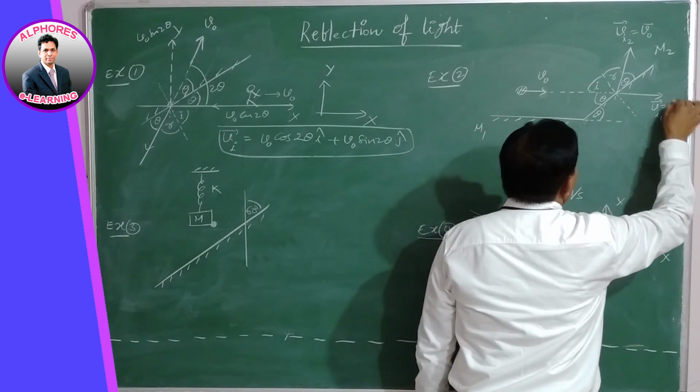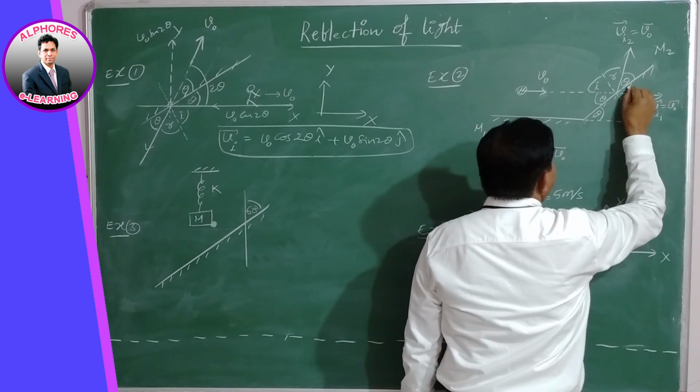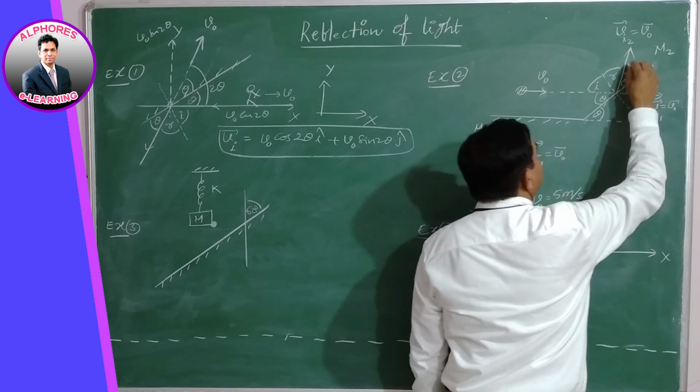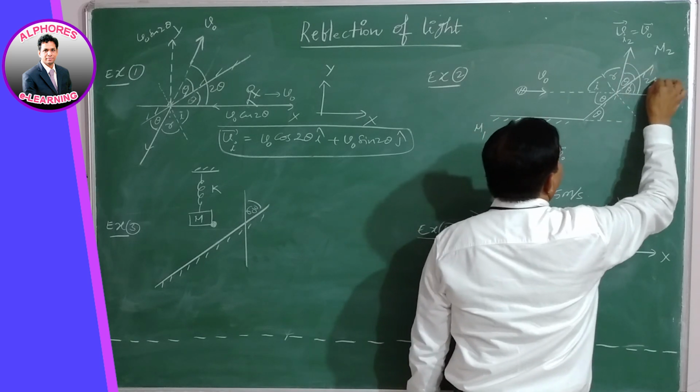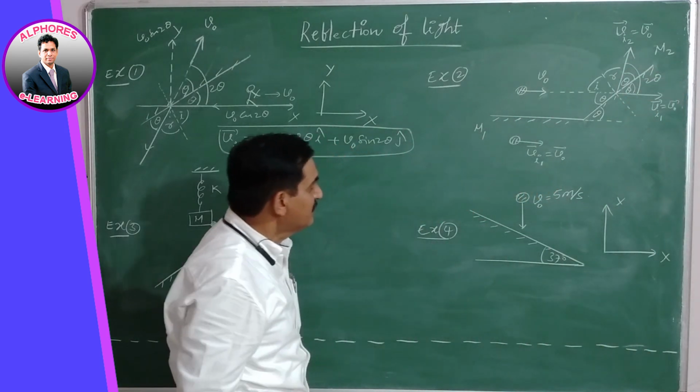This is V0, V0. This angle is also theta. Now, total angle how much here? 2 theta. Total angle is 2 theta.